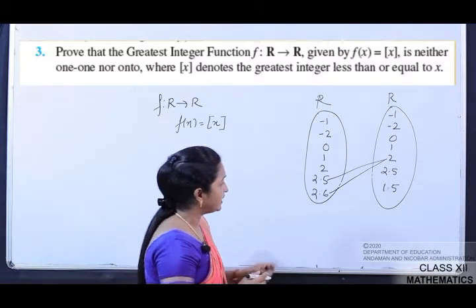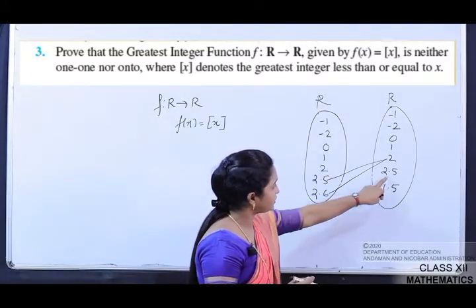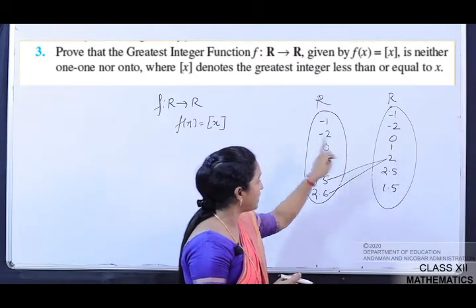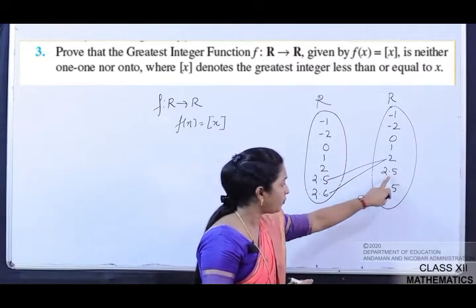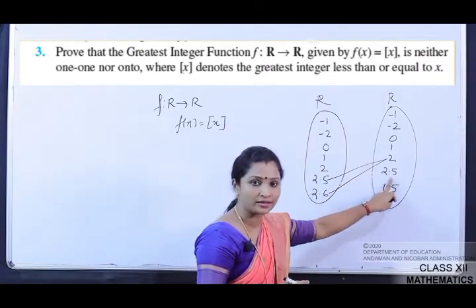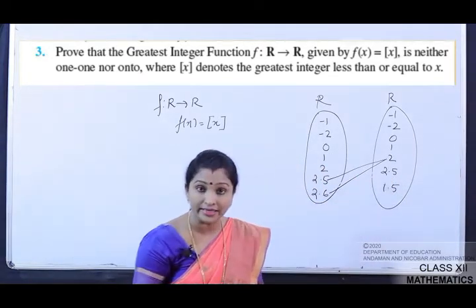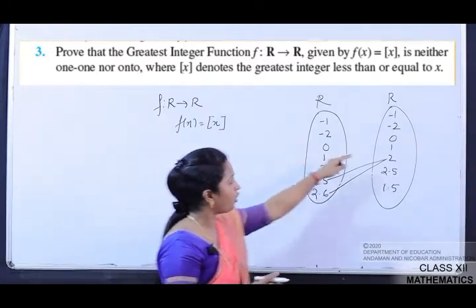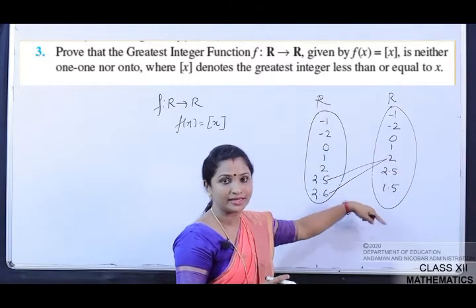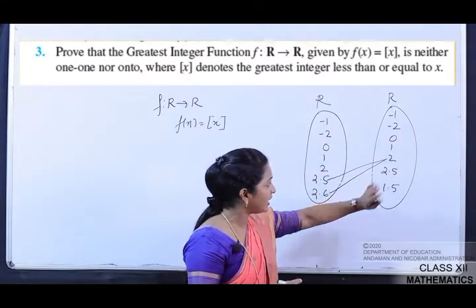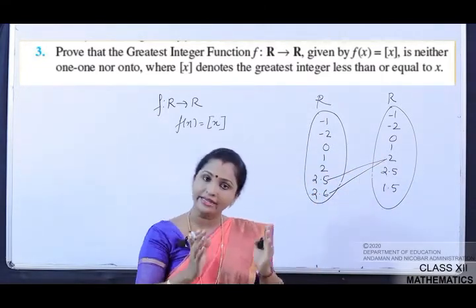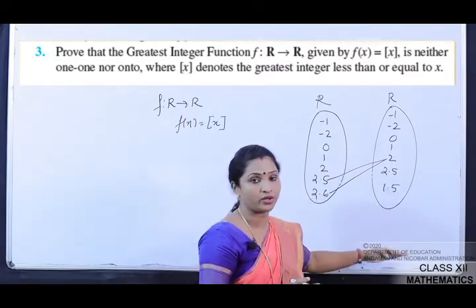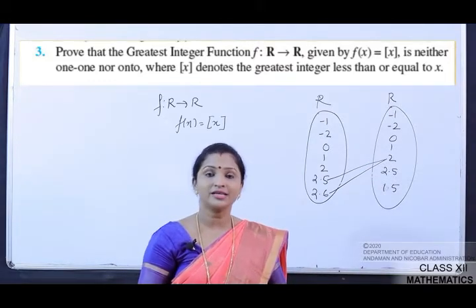Okay. Now let's see whether it is onto or not. See, if you see 2.5, whether 2.5 will be having any pre-image in this domain. क्या 2.5 किसी भी element का image हो सकता है? No, because 2.5 is not an integer, but we are talking about the greatest integer. So that means all the elements except the integers. ठीक है, जितने integers होंगे उनके सारे pre-image होंगे, but जो decimal elements होंगे उनके pre-image नहीं होंगे.